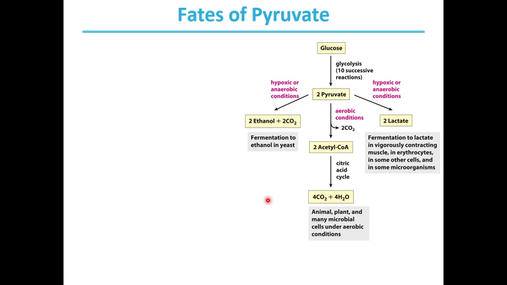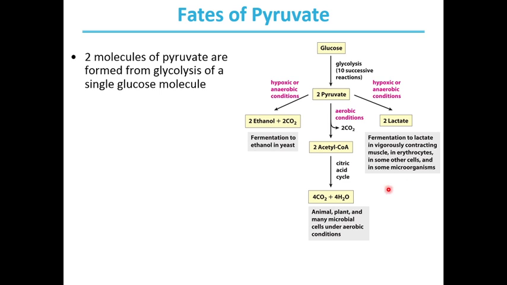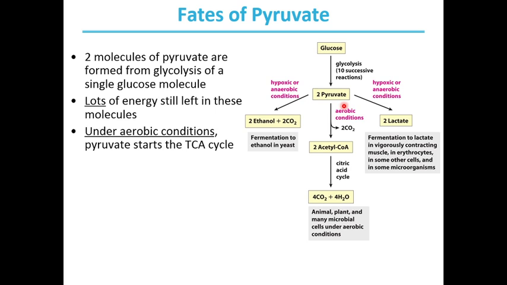Again, the fates of pyruvate are summarized in this specific slide. 2 molecules of pyruvate are formed from glycolysis of a single molecule of glucose. Lots of energy is still left in these molecules, right? The pyruvate is not the last stop of glycolysis.